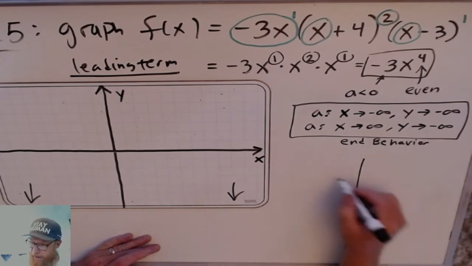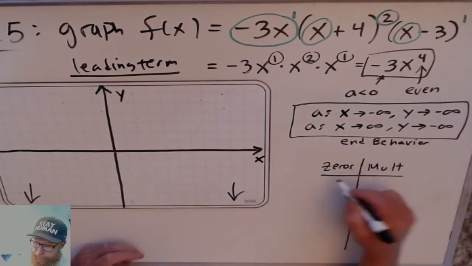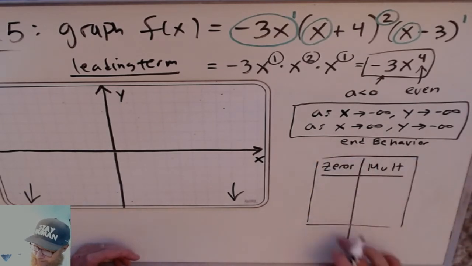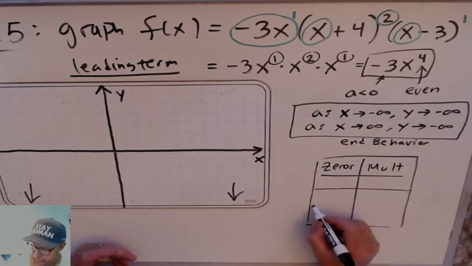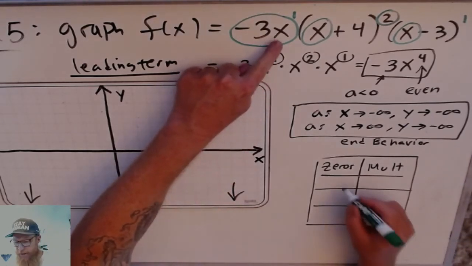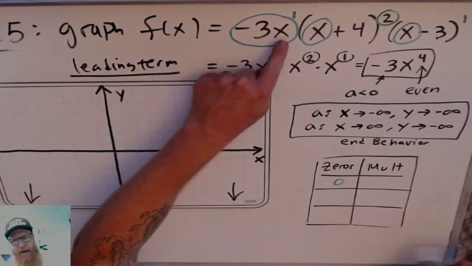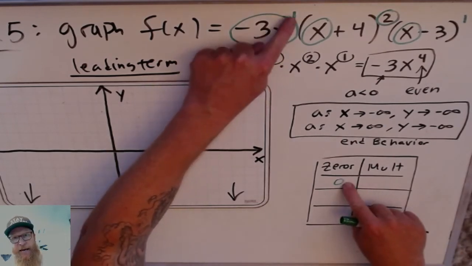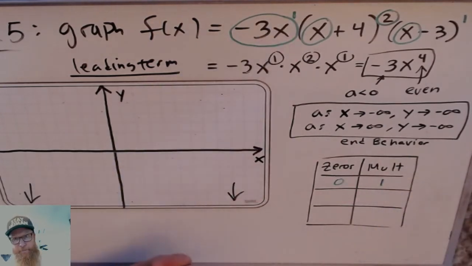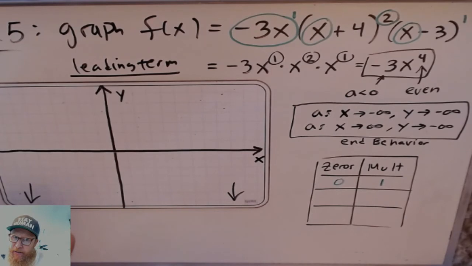Let's do our local behavior now. And I'm only going to make exactly the number of rows I need. So I have a 0 at 0, because -3 times 0 is 0, and the multiplicity is 1. If you want, I could peel that off and actually solve it, but I think it's better just to use your head.